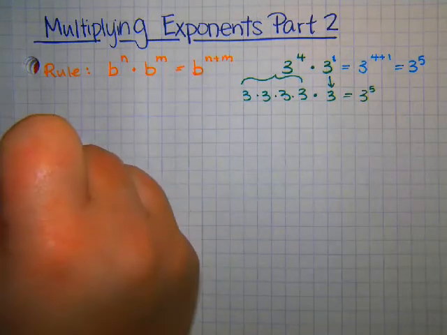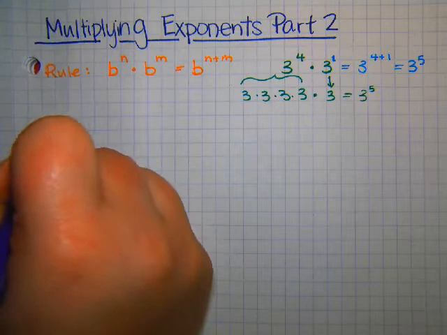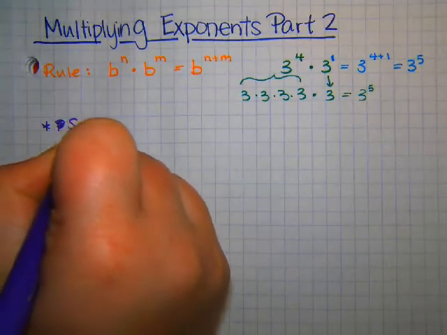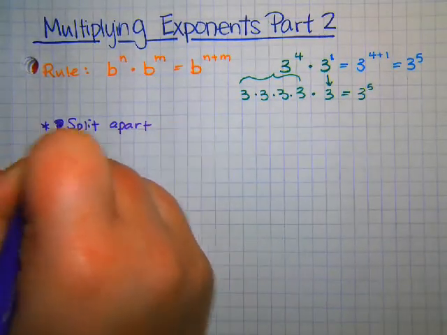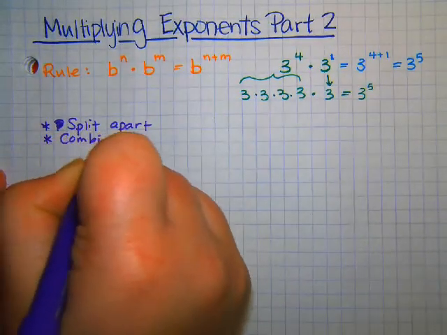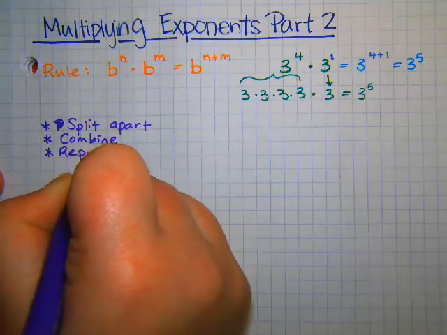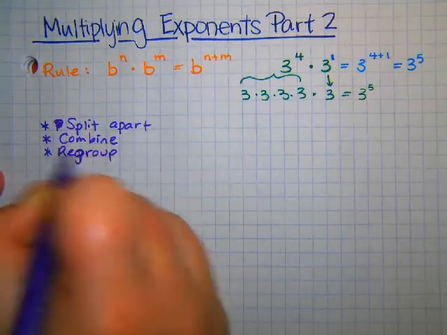So what we want to do is split apart, combine, regroup. Okay, that's pretty much it. And spelling, of course. There we go. Split apart, combine, regroup.